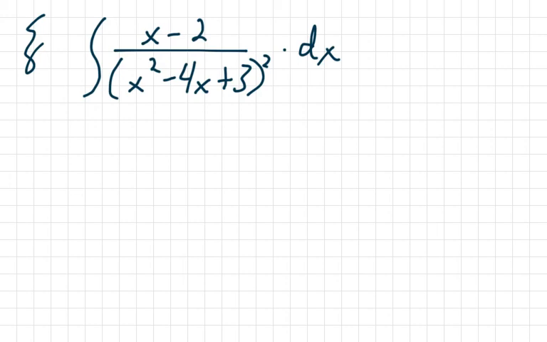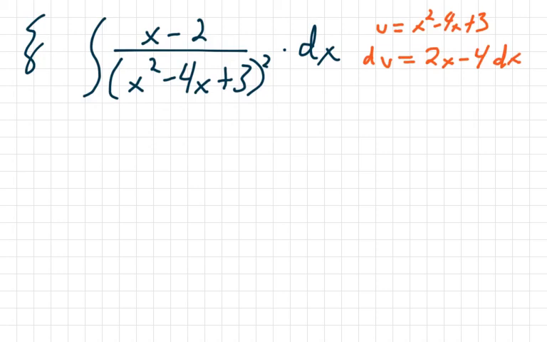So I'm going to start with u equals x squared minus 4x plus 3. And I'm not using the squared, I'm just using the function itself. Because now when I do the derivative of that, I get 2x minus 4 dx.